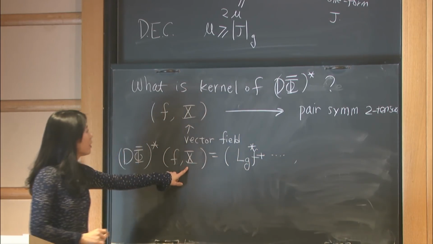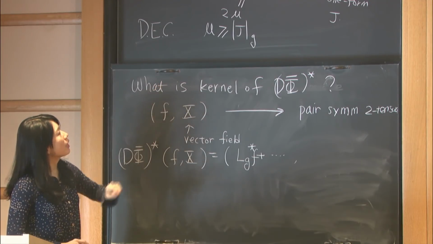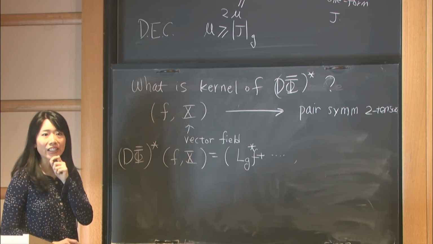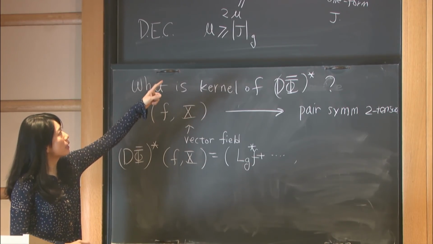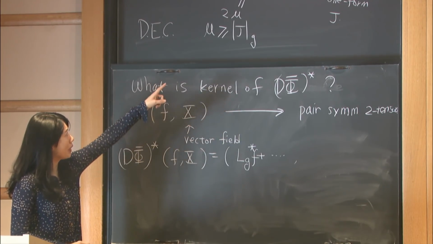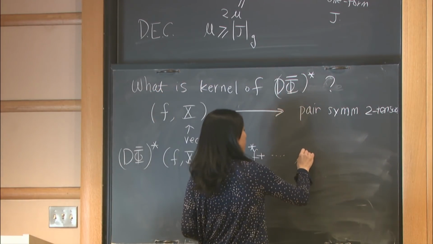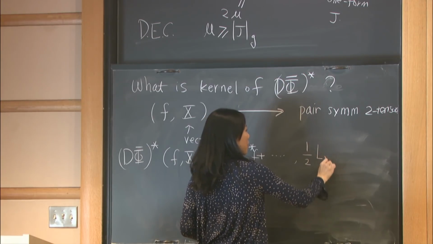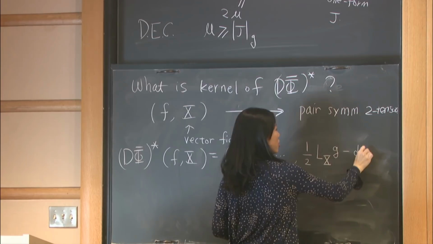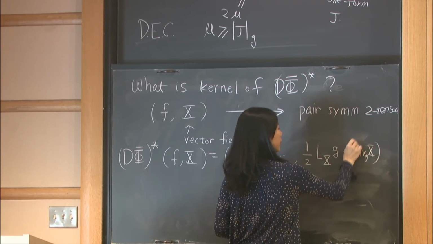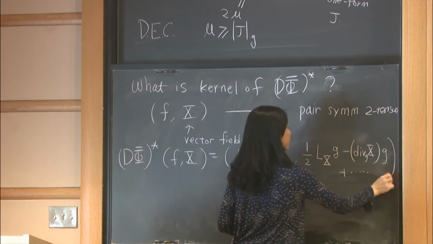And then for the remaining component on X, you can see the map in K is also linear in K. So when you linearize it, the leading order term will be the Lie derivative, and the adjoint will be the Lie derivative, and then minus the divergence of X times g, plus some lower order terms.